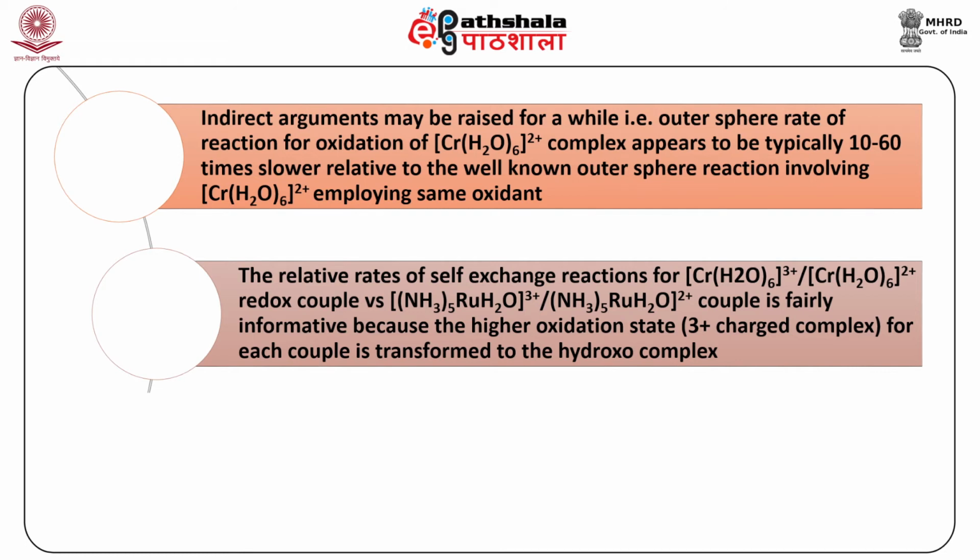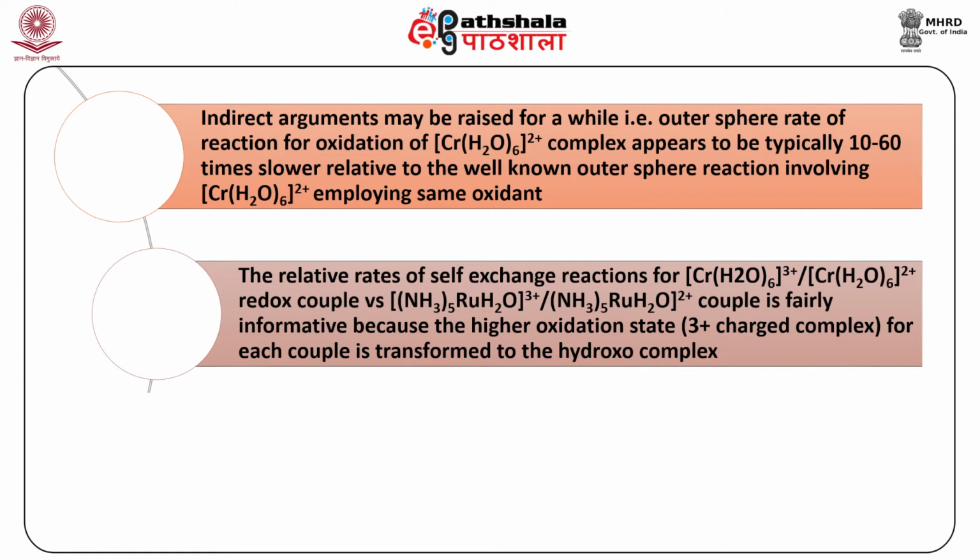The relative rates of self exchange reactions for the chromium hexa aqua 3+, chromium hexa aqua 2+ redox couple, versus the ruthenium pentaammine single water, that is Ru(NH3)5(H2O) 3+ and Ru(NH3)5(H2O) 2+.